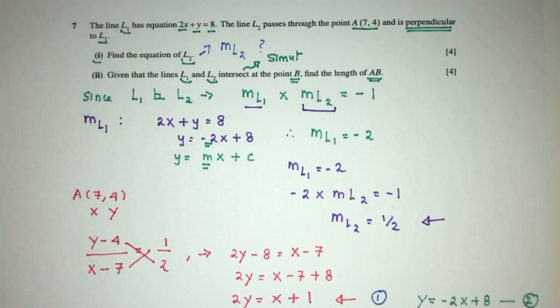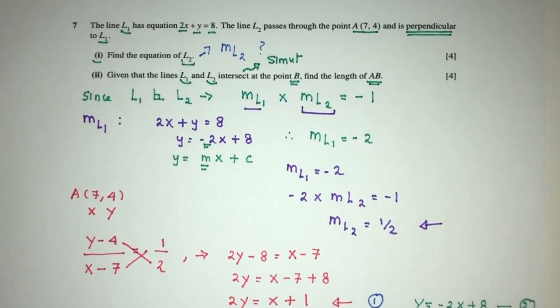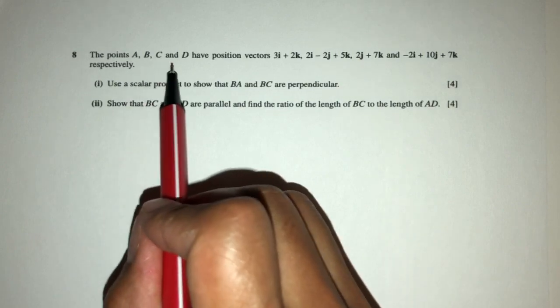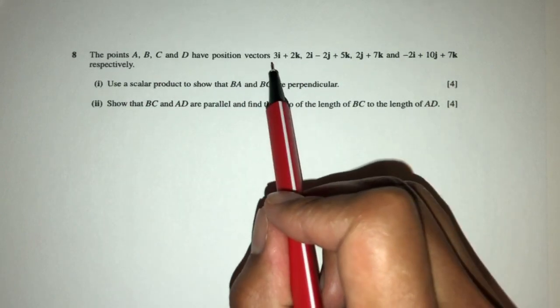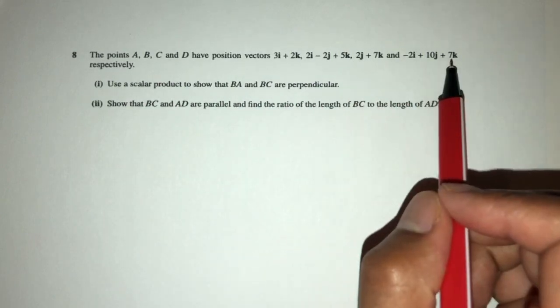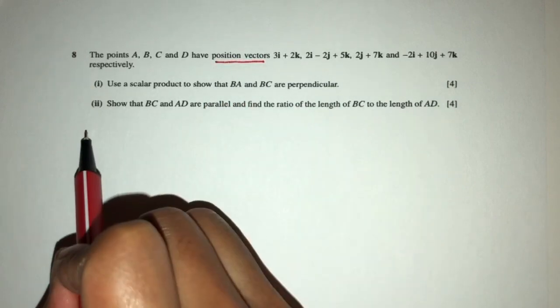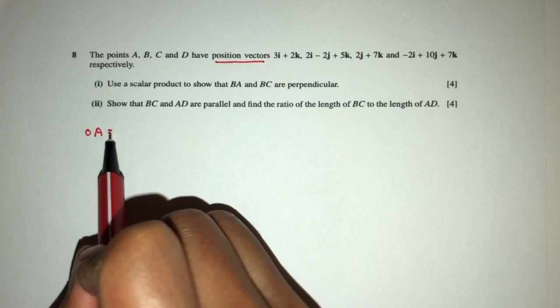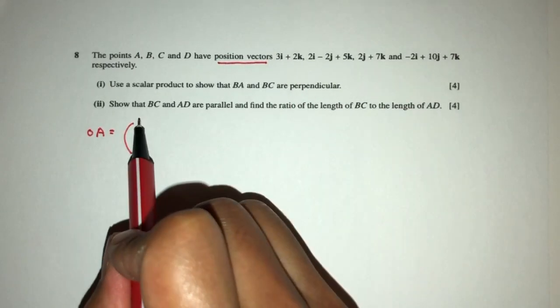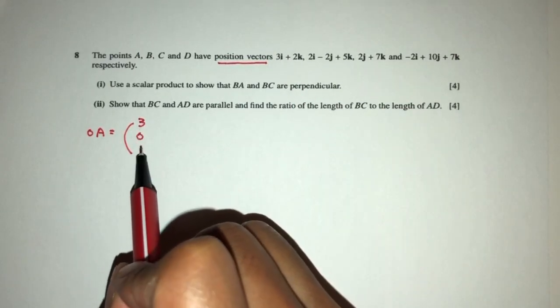And this is the question in regards to geometry. The points A, B, C, and D have position vectors this, and this, which means, let me write this down. Position vectors means from the point O, so OA is found to be 3, 0, and 2.